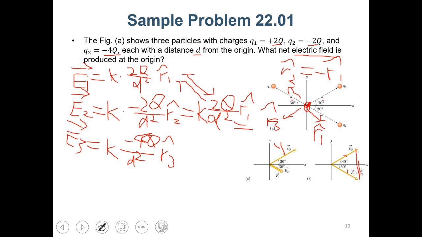So actually, what is the net E field produced at the origin?